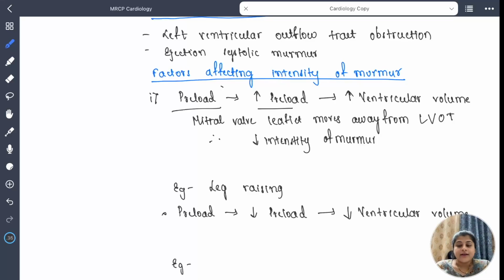Let's go to the second condition. Same thing, if the preload decreases, what happens? The ventricular volume reduces, the mitral valve now comes closer to the outflow tract, and therefore the murmur intensity should increase, right?